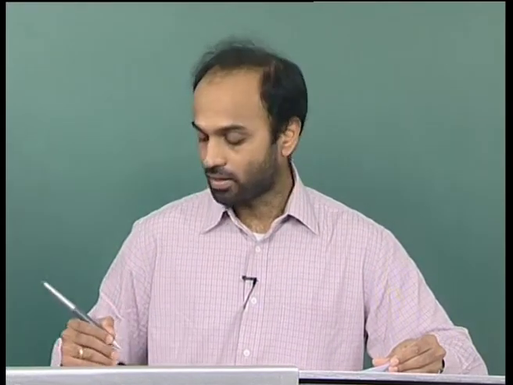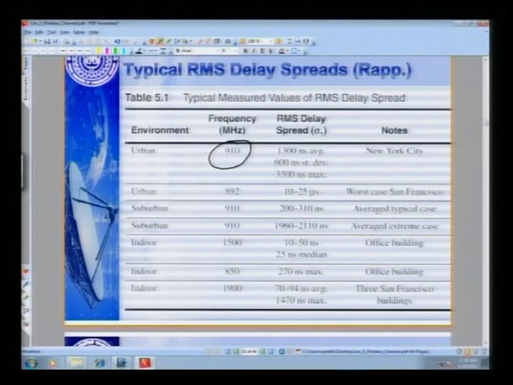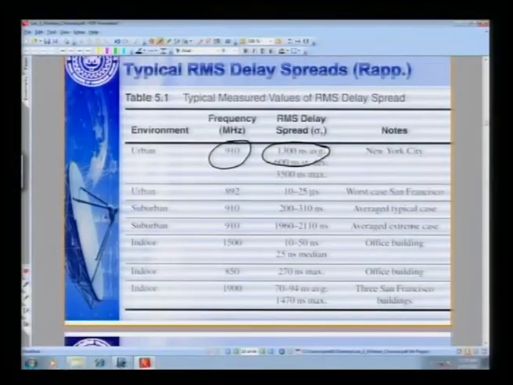Let me take you to standard values of delay spreads that are listed in literature. For instance, let me go through this example given in the slide, where different measurement campaigns have been carried out to measure the delay spread of the arriving multipath components in wireless communication systems. At frequency 910 megahertz, an average delay spread of 1300 nanoseconds has been reported. A nanosecond is 10 power minus 9 second, each microsecond is 1000 nanoseconds.